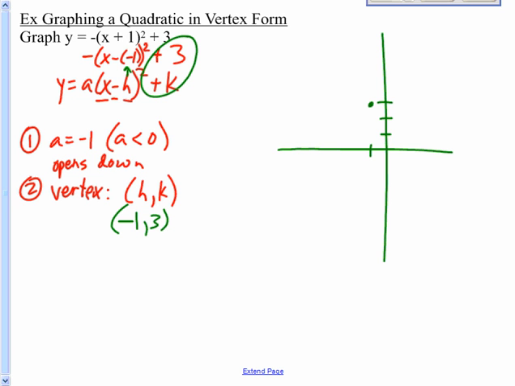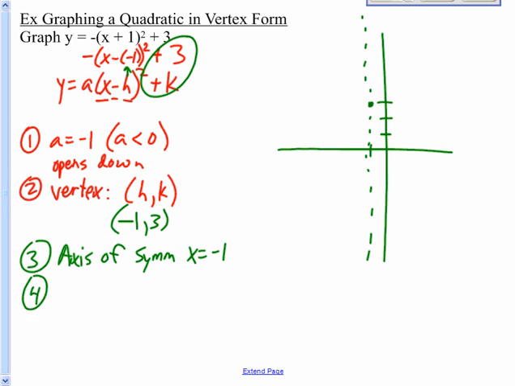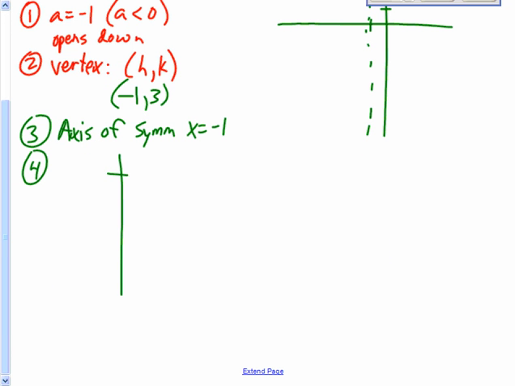Okay. Now from that point, your axis of symmetry is right on the vertex. So x equals negative 1. It's right on this vertex. x equals negative 1. Whoops, that's a pretty crooked line there. Then we start plotting points again. So we put our vertex on, negative 1, 3.